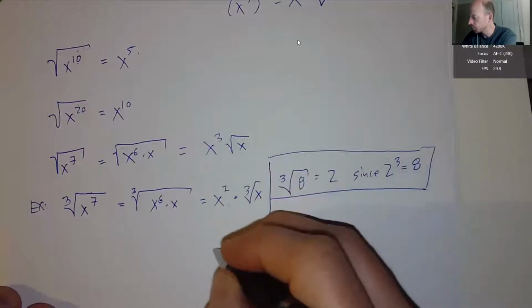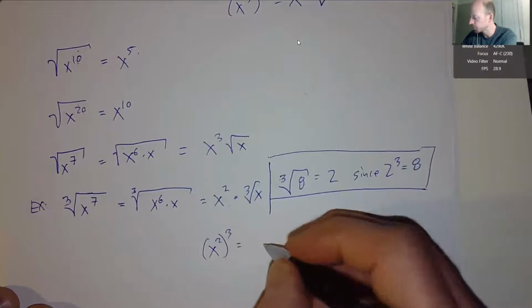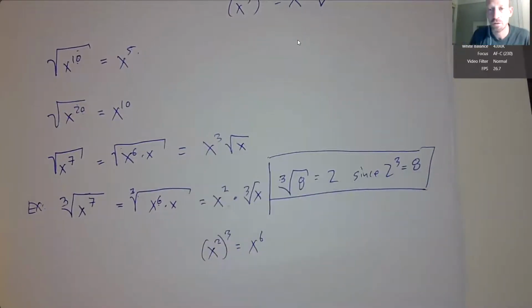And remember your rules of exponents. If I cube x squared, I multiply those exponents back together, and that gives me x to the 6th. So x squared is definitely the cube root of x to the 6th.